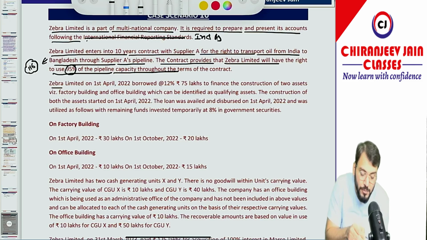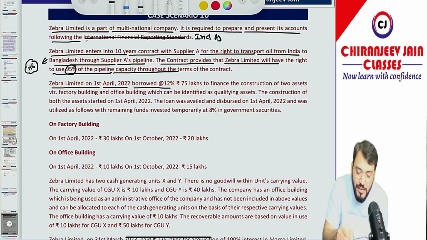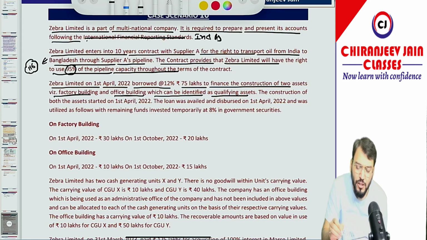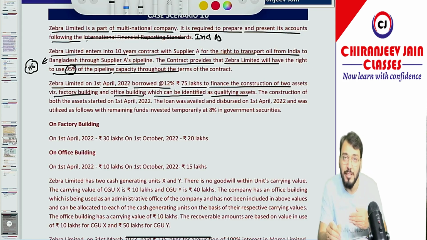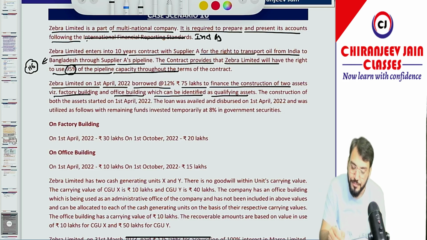Jibra Limited on 1st April 2022 borrowed 75 lakh at 12% to finance the construction of two assets, a factory and an office building, which can be identified as qualifying assets. So it is a specific borrowing. Whenever there is a specific borrowing, we capitalize borrowing cost to the extent of borrowing cost incurred minus any income earned from temporary investment.